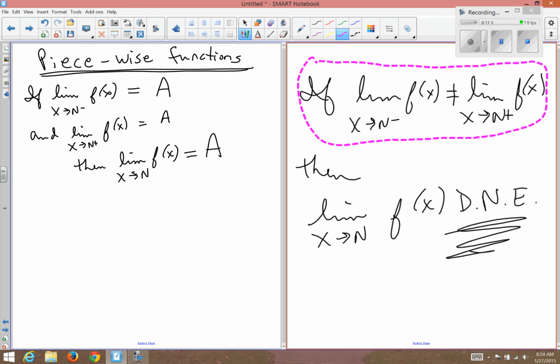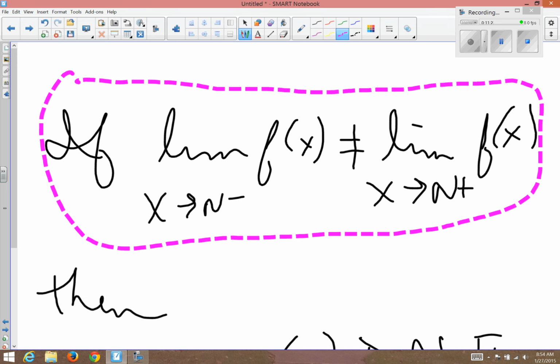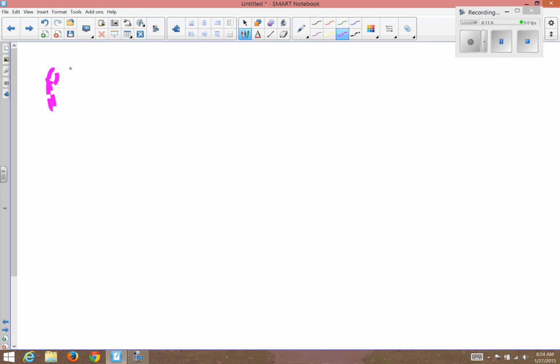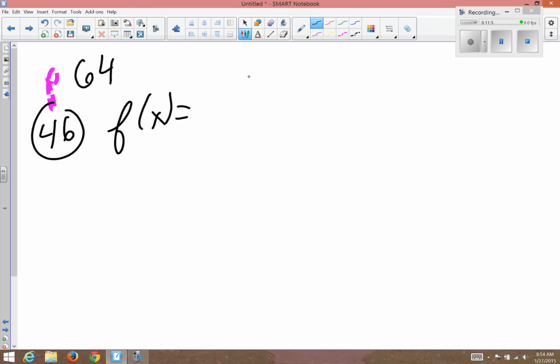We're going to look at page 64, exercise 46. F of x equals, this is a piecewise function. There's three pieces. F of x is sometimes 3 minus x. That's one of the pieces.